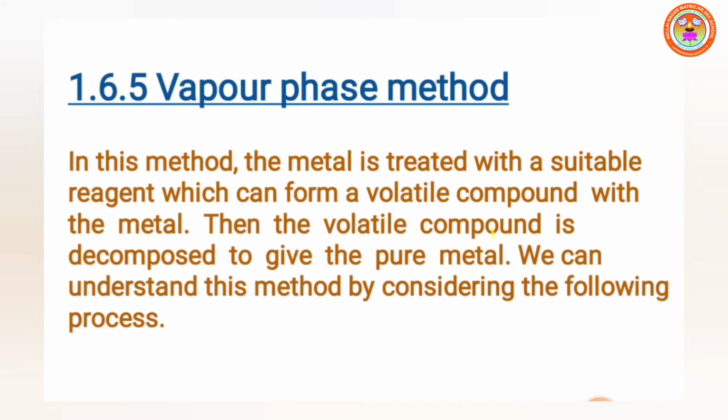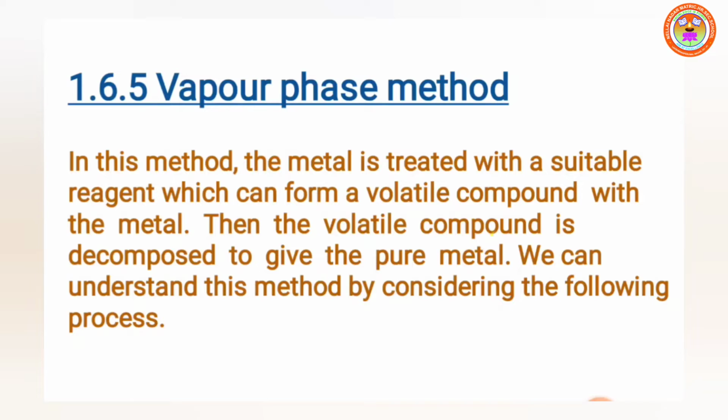In this method, the impure metal is treated with a suitable reagent and converted to a volatile compound. Then the volatile compound is heated, meaning it will decompose to give the pure metal. So how are metals refined by the vapor phase method?